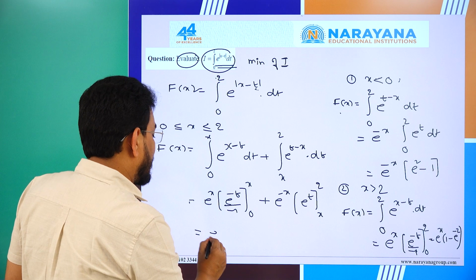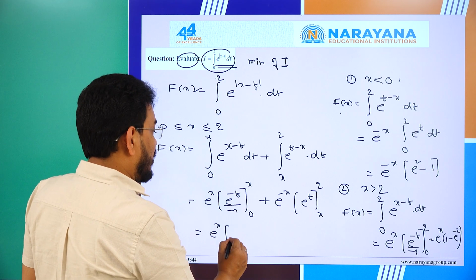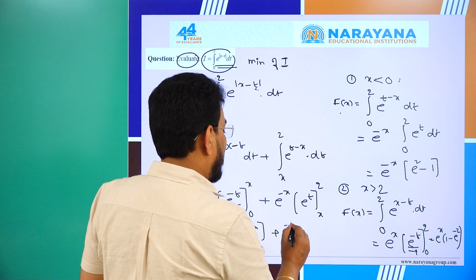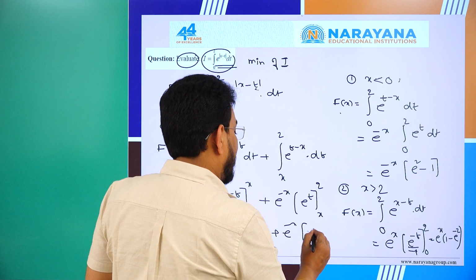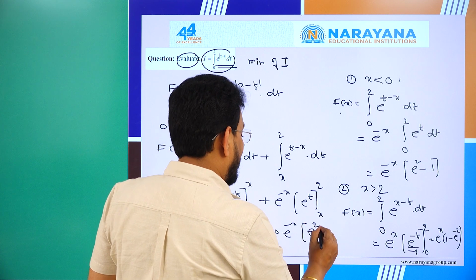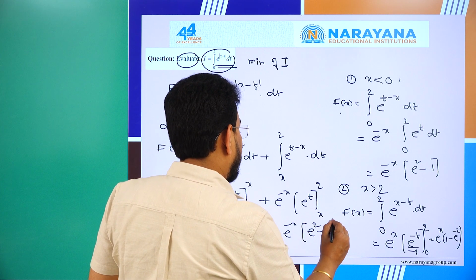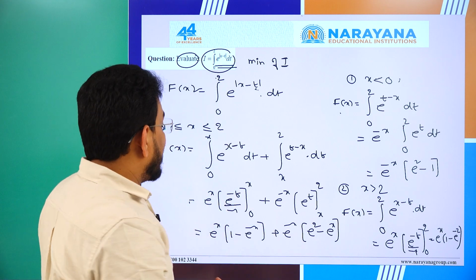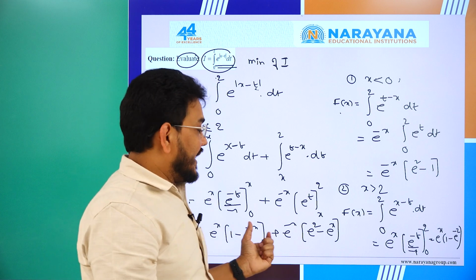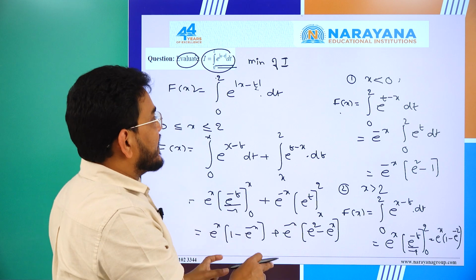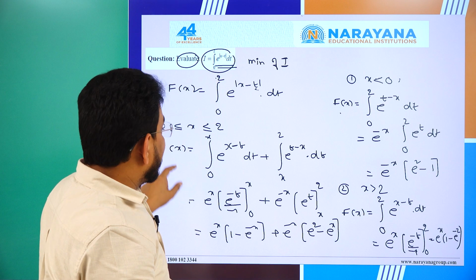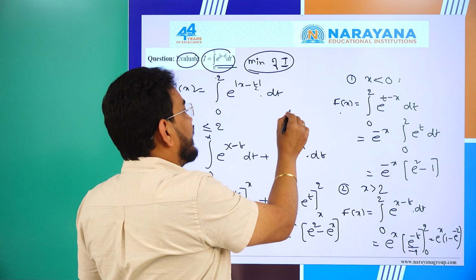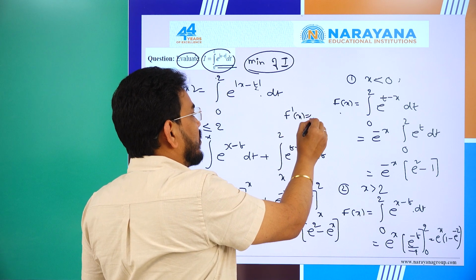So this is equal to e power x into 1 minus e power minus x plus e power minus x into e square minus e power x. So you just go and simplify what are the values you are going to get. So once you get f of x, then for maximum or minimum you go for f dash of x is equal to 0.